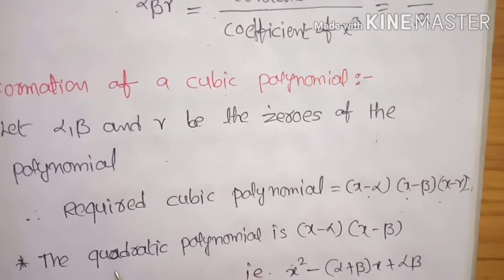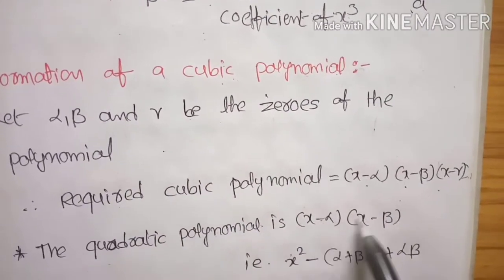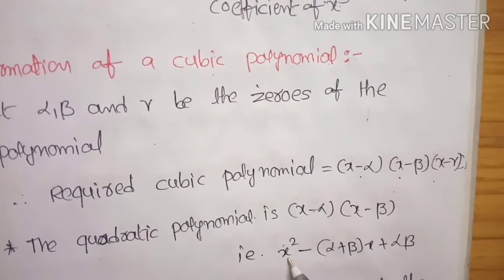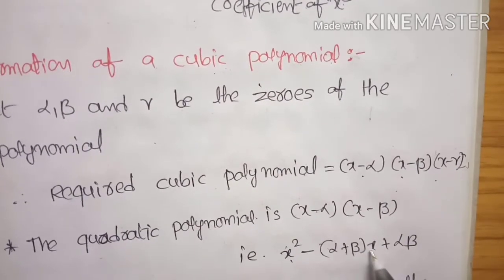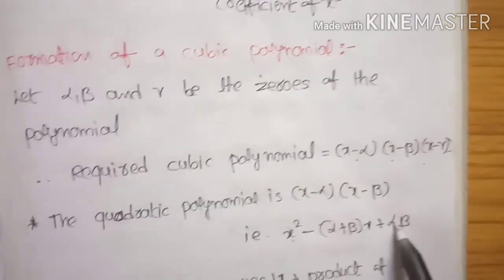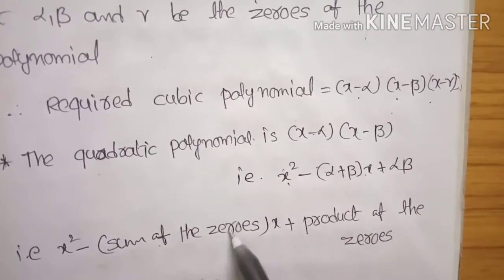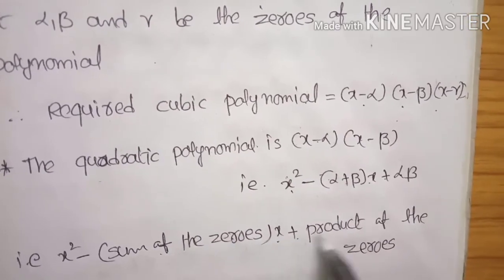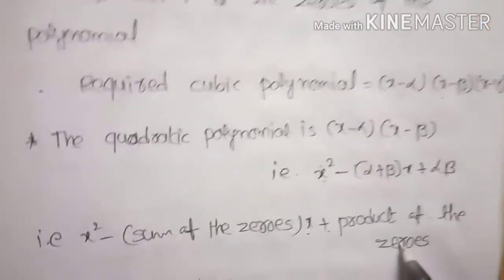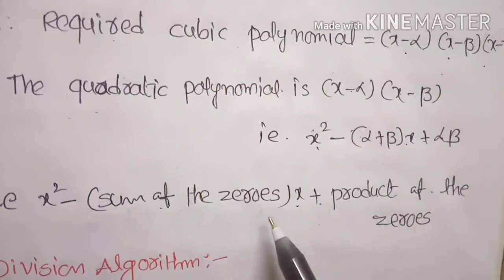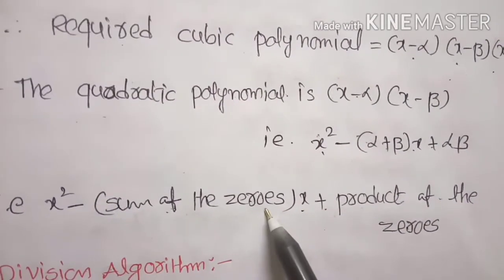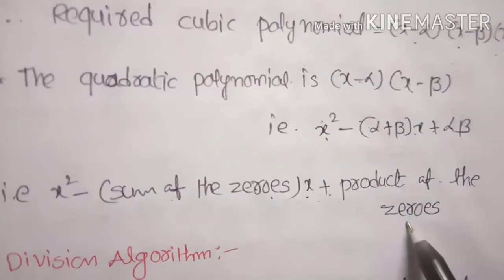The quadratic polynomial is x minus alpha into x minus beta, which is equal to x square minus (alpha plus beta) x plus alpha beta. That is x square minus sum of the zeros into x plus the product of the zeros.